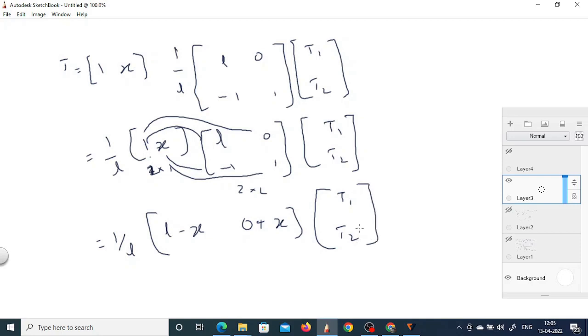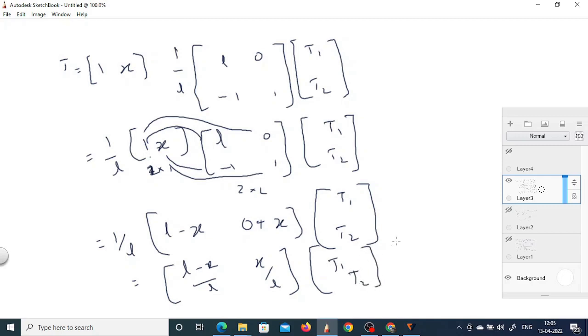Next, what about our step? Yes, let's see. Here I got the things. I get this 1 by L into the inside of this matrix, so that the form L minus x divided by L. After that x by L into T1 T2.